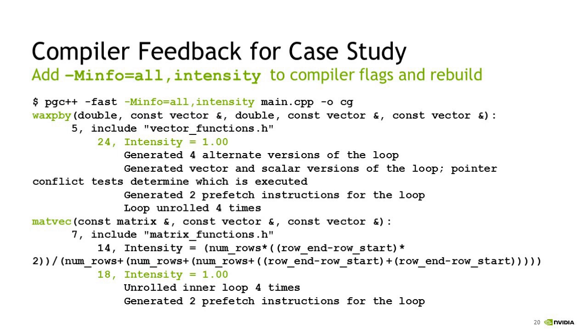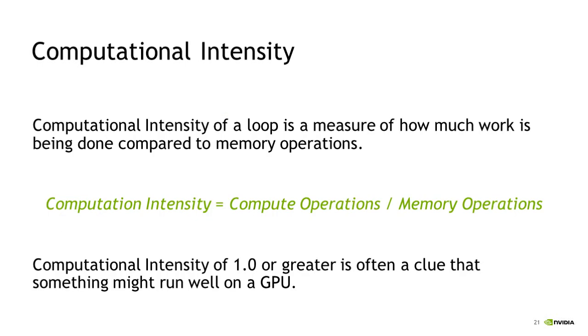So why is computational intensity important? Computational intensity is the measure of how much work you're doing compared to how many memory operations you perform. A memory operation is a load of a value from memory or a store of a value to memory. So if I want to add A and B together and store into C, I need to load A, that's one memory operation.